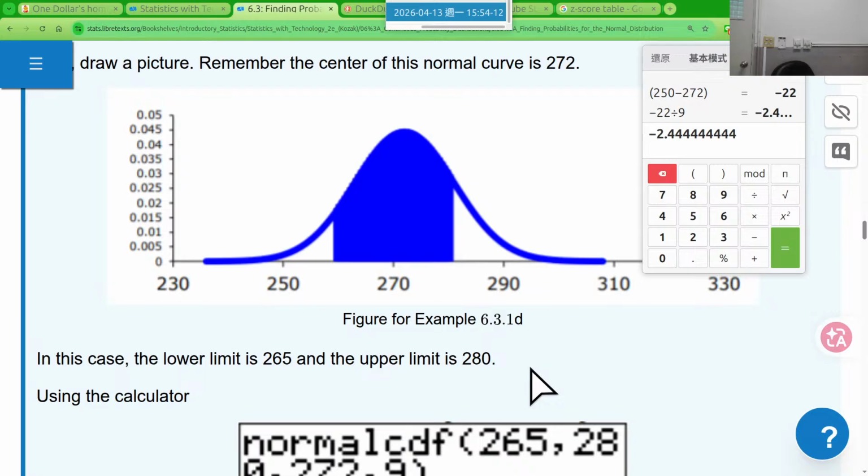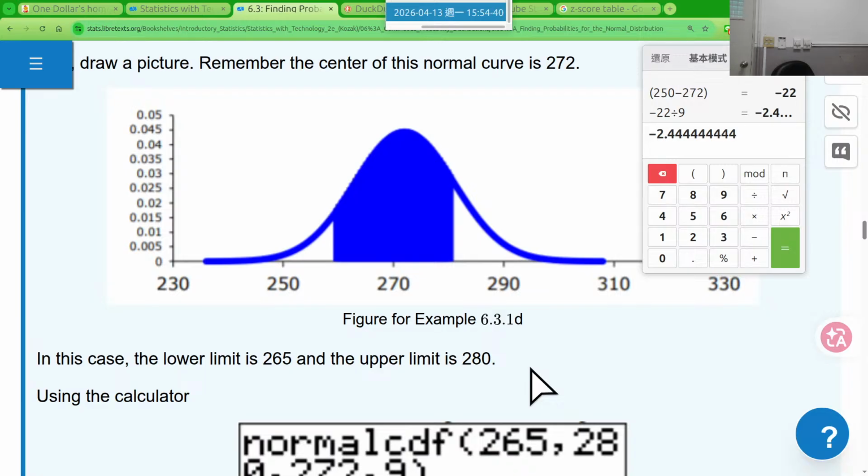Very clear. If we use the big area for the 280, subtract the small area here, then we will get the blue area like this one. Is it okay for everyone? Easy to be understood, right? Okay, go ahead, 2 minutes. If you're confused, let me know.